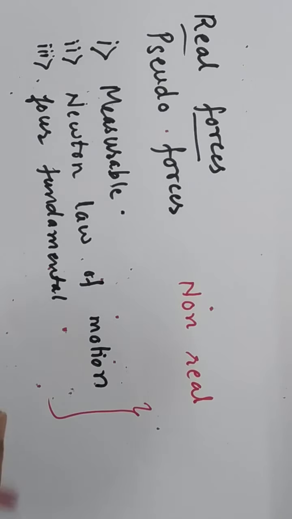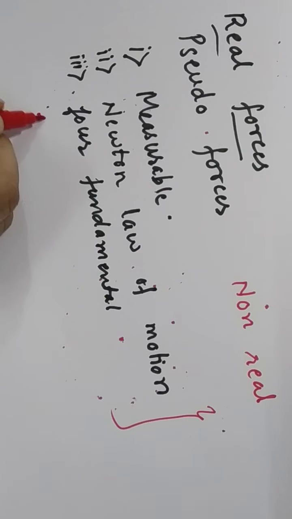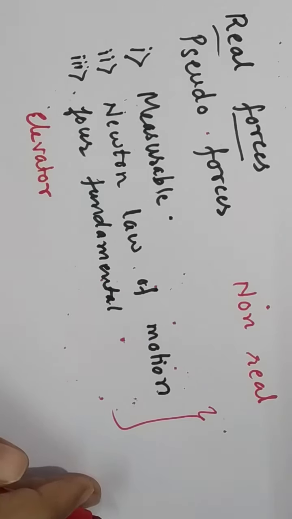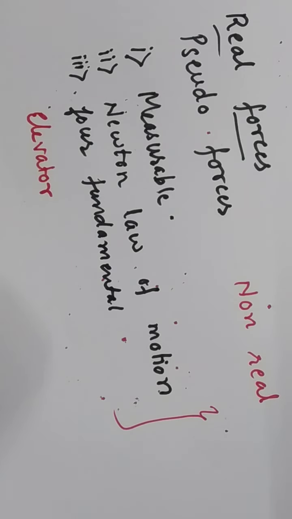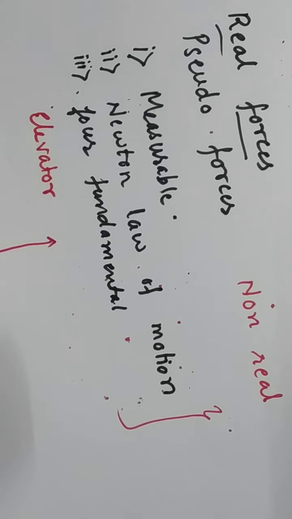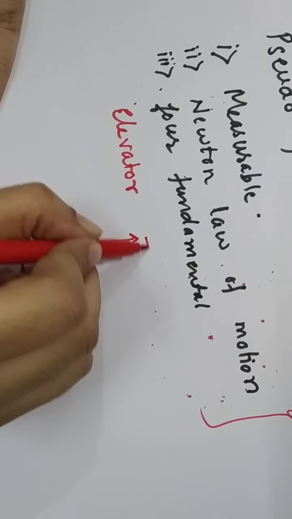For example, let us consider the example of an elevator, a lift. Suppose you are the observer standing in a lift, and the lift is moving in an upward direction. This is the ground floor or bottom floor, and this is the top floor.